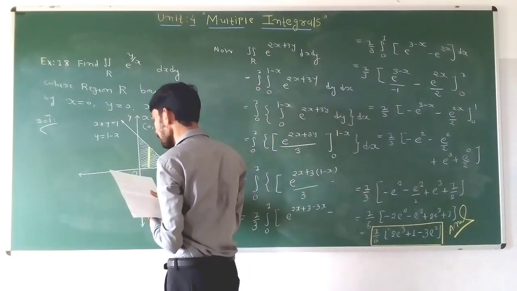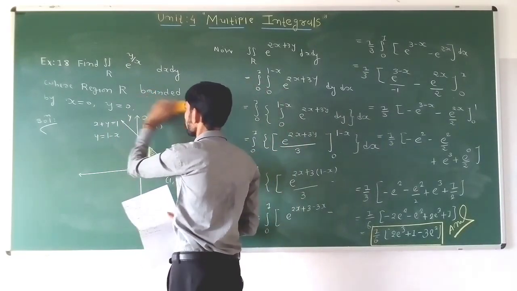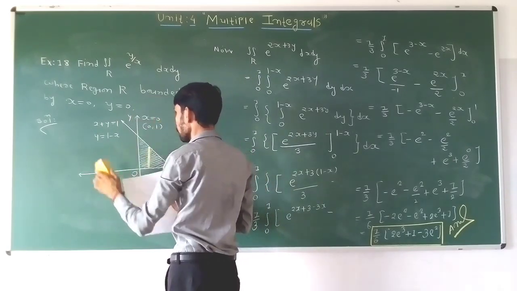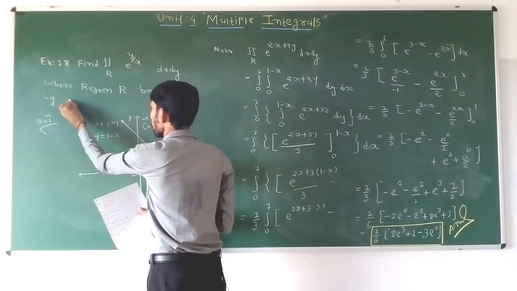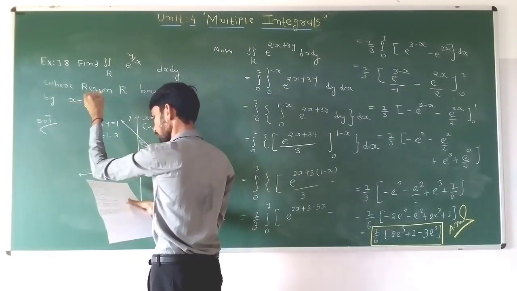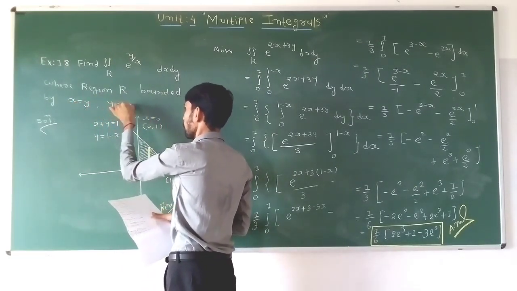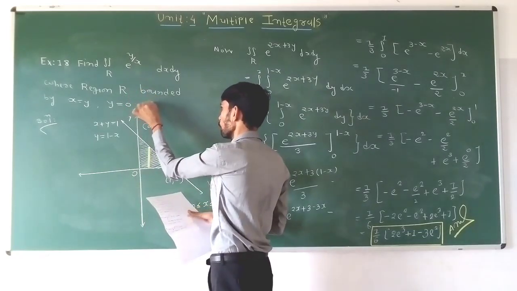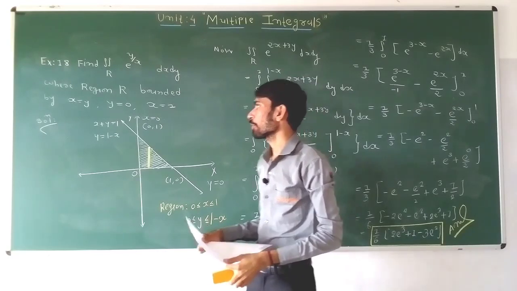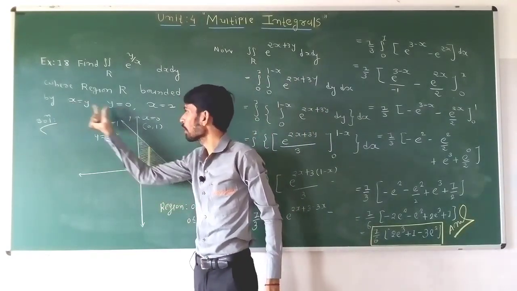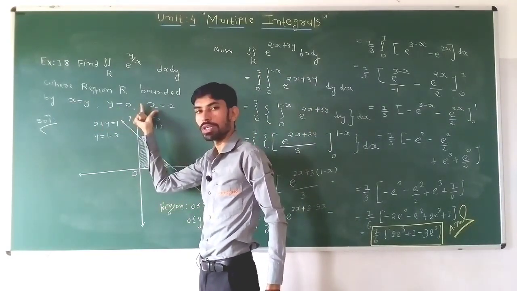We have the region bounded by x is equal to y, y is equal to 0 and x is equal to 1. So complete this example number 18 in homework. Your region is bounded by the lines x is equal to y, y is equal to 0 and x is equal to 1. So it's very easy.